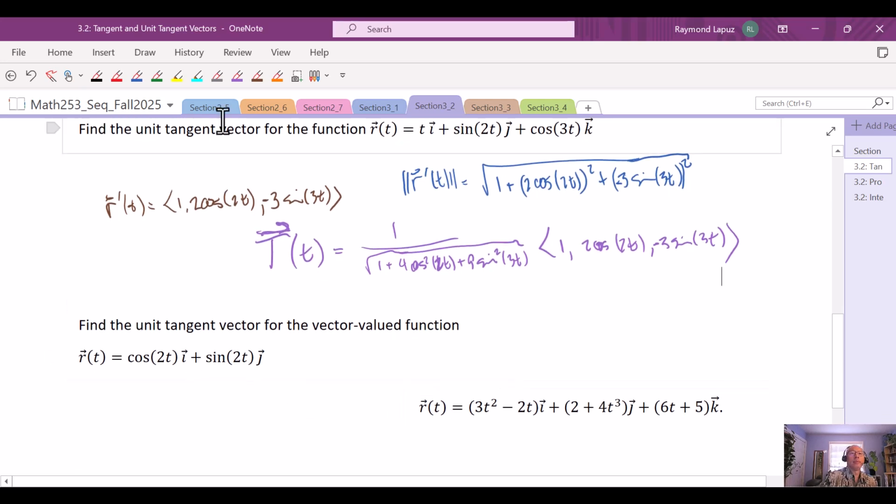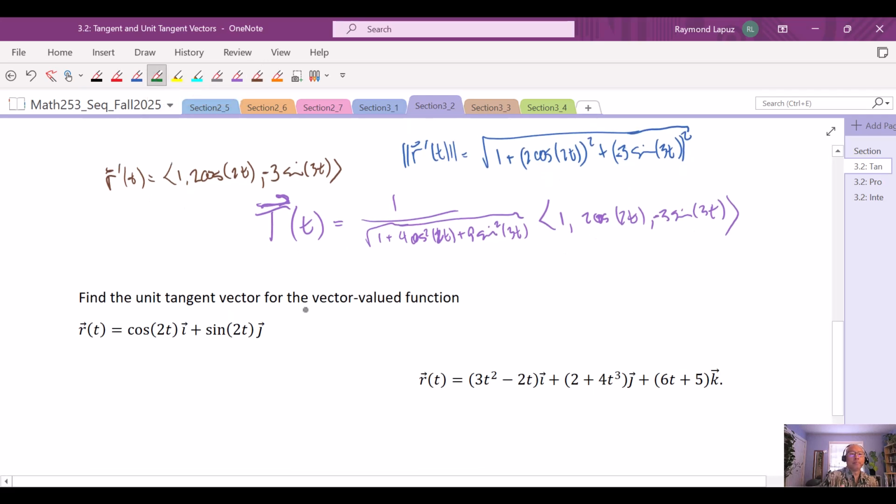Let's do this one, and we'll see that some nice function, and I'll say nice in quotes, leads us to some pretty interesting unit vectors.